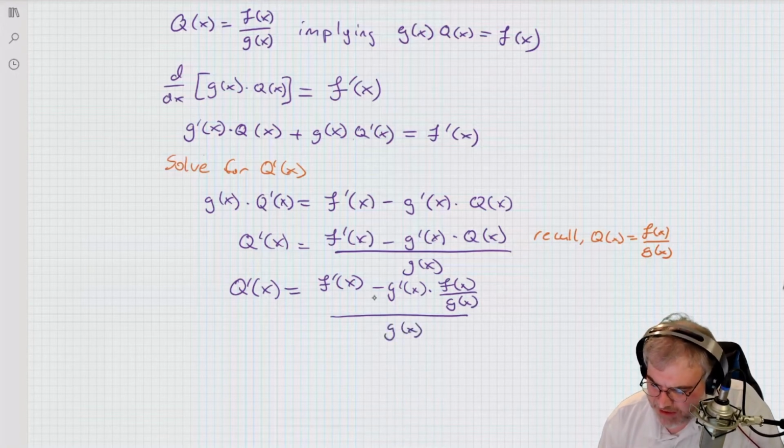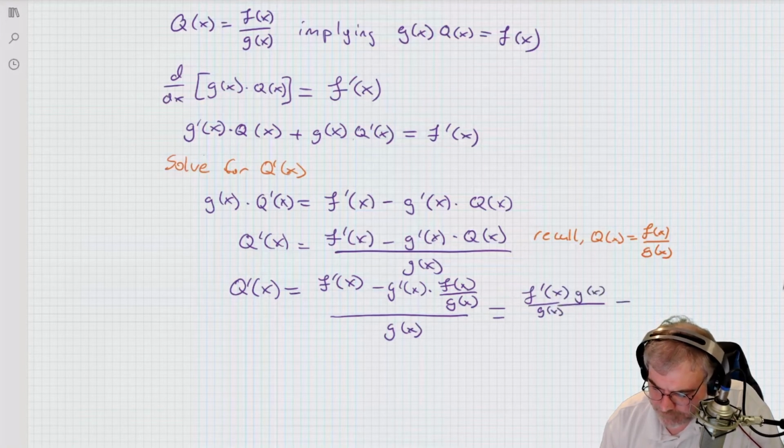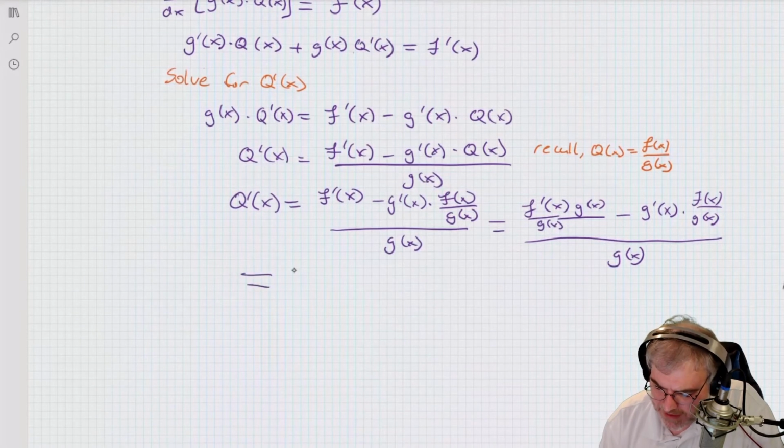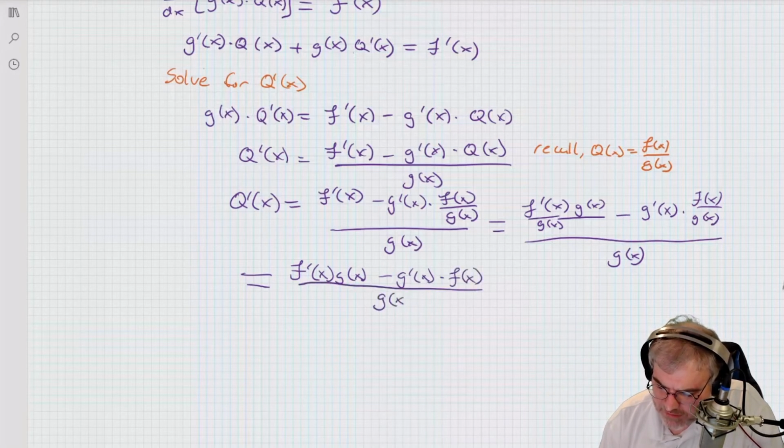Now what I'm going to do is take a common denominator on top. So now I've got G of X. I can combine the top, F prime of X, G of X, minus G prime of X times F of X, all over G of X, all over G of X. And I slide that down to the bottom because I multiply by the reciprocal.